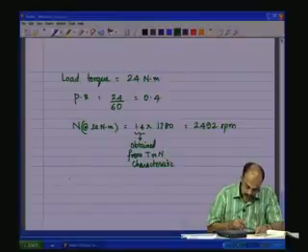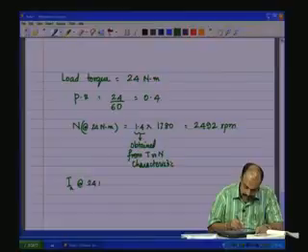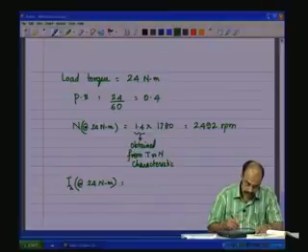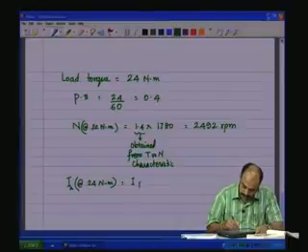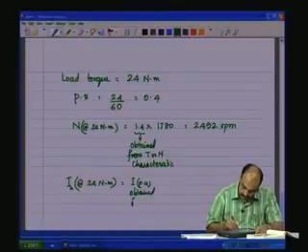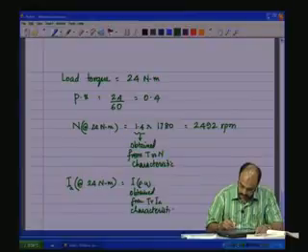Now, the current IA at 24 Newton meter will be whatever the current in per unit obtained from the torque versus IA characteristic into I base.